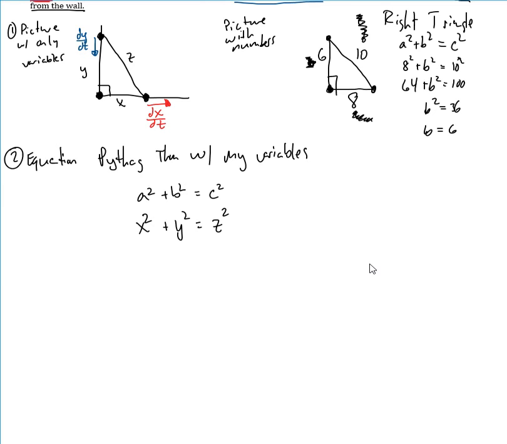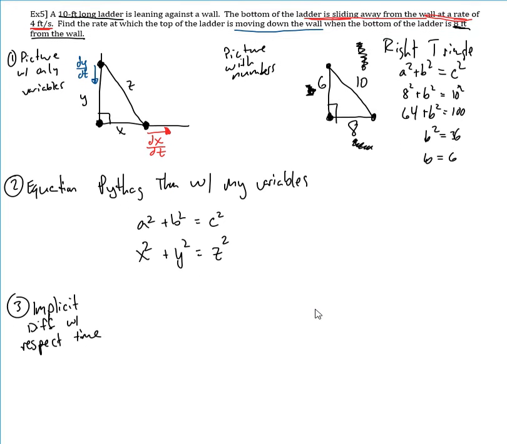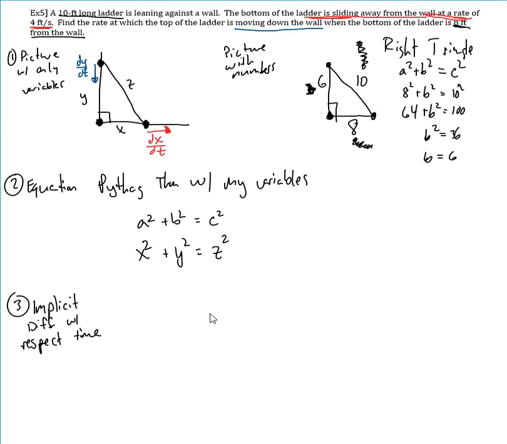And then our third step in these problems is to take the derivative. It's using implicit differentiation with respect to time. Okay, and we know we're doing with respect to time because we see the per second here, or we see the word rate, or the feet per second. So those are clues. And so now let's take this derivative.